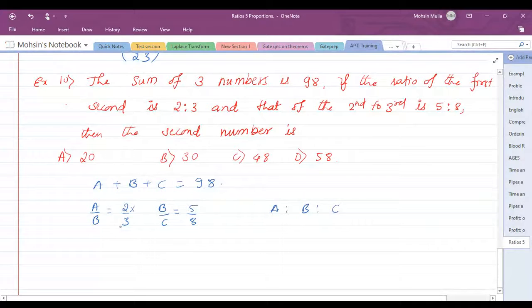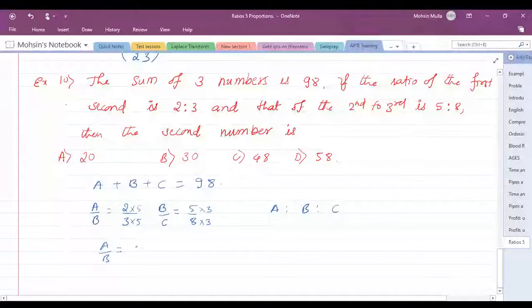To make it 15, you have to multiply by 5 here, and by 5 here also. To make it 15, you have to multiply by 3 here, and by 3 here also. Therefore A by B converts to 10 by 15, and B by C equals 15 by 24.